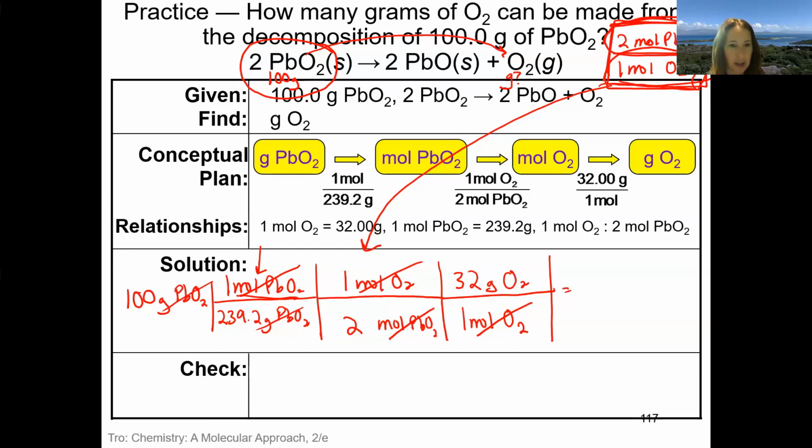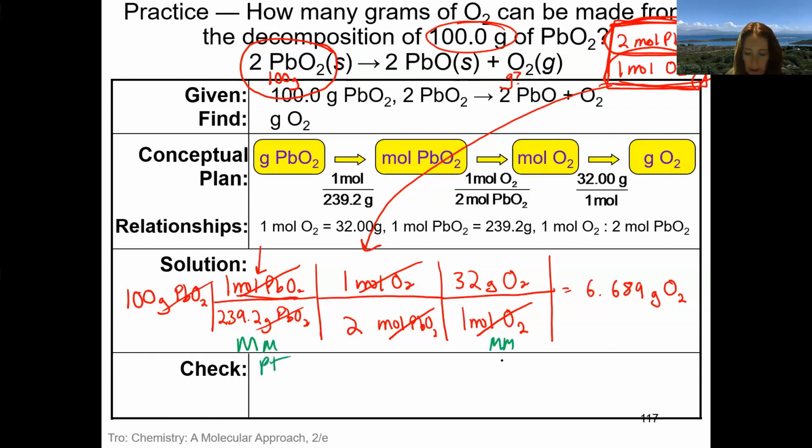Okay, so when we do this, let's check our sig figs, 4 sig figs. And we get 6.689 grams of O2. Now, this molar mass is from the periodic table.